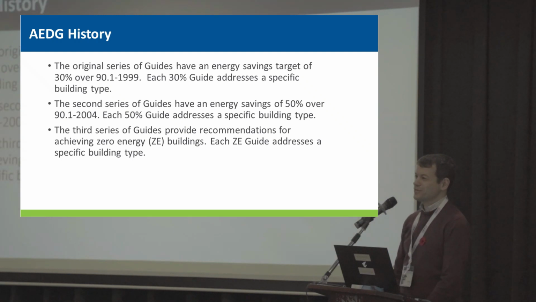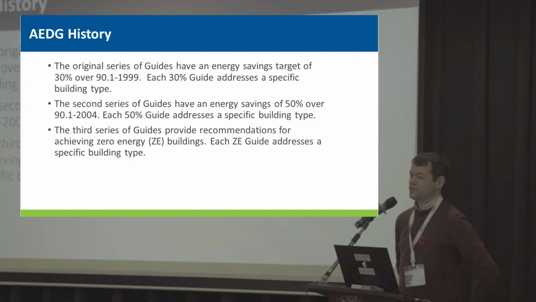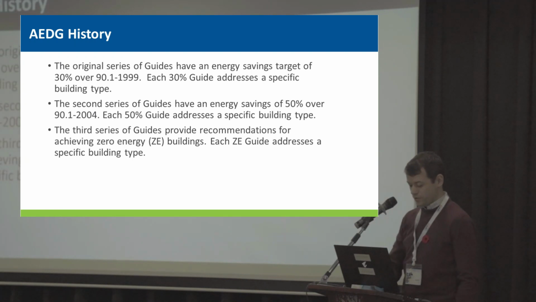Then around 10 years ago, they released a new series of guides related to how to achieve 50% energy savings. They moved the benchmark to ASHRAE 90.1 2004 at that time. And over the last 5 years, they've moved on to zero energy design guides. So we're going to be talking about one of those today.